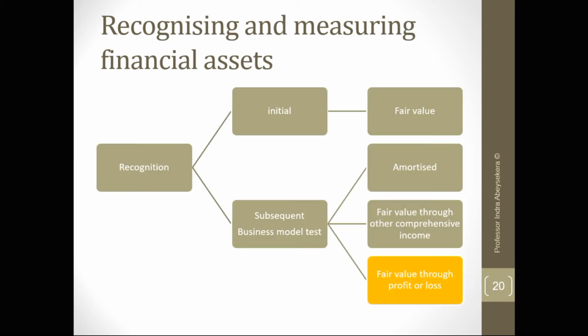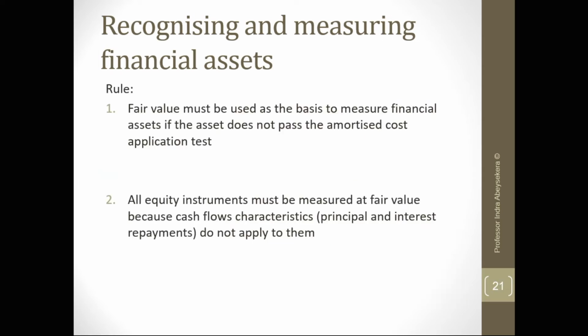We are now going to look at a second technique, fair value through profit or loss. So the rule is that fair value must be used as the basis to measure the financial asset. But we use it if the asset does not pass the amortized cost application test.